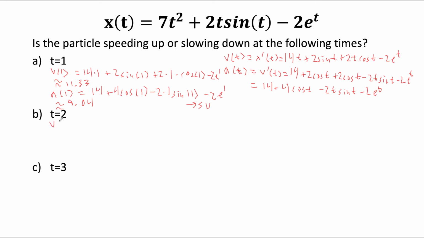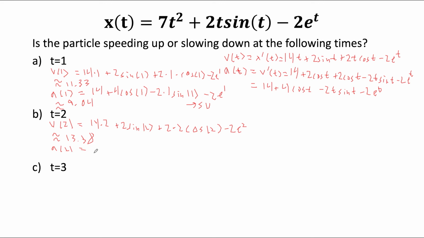And now let's look at time t equals 2. So first we're going to take v of 2, which is 14 times 2 plus 2 sine of 2 plus 2 times 2 cosine of 2 minus 2e to the 2. And this is approximately 13.38. And now let's look at the acceleration at time t equals 2.